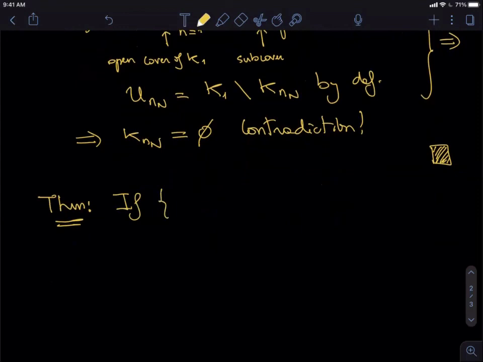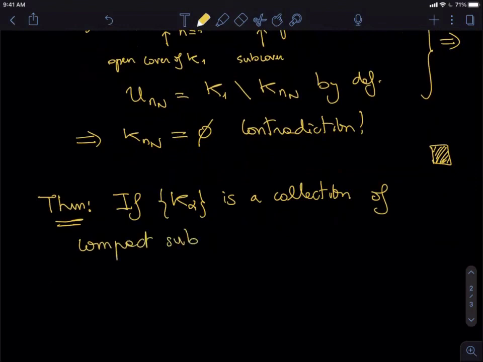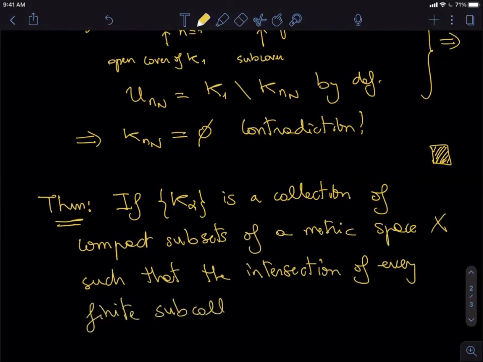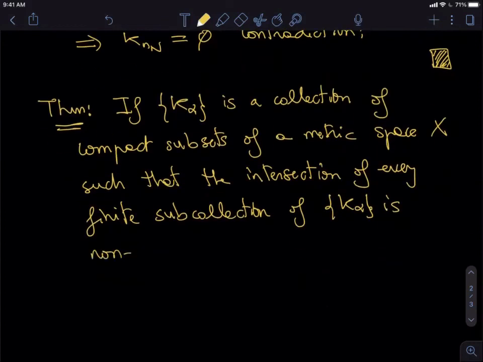It says that if we have a collection K_alpha, and notice that here I'm not saying that it's a countable collection, of compact subsets of a metric space X, such that the intersection of every finite subcollection of the K_alpha is non-empty, then the intersection of the K_alpha is non-empty itself.